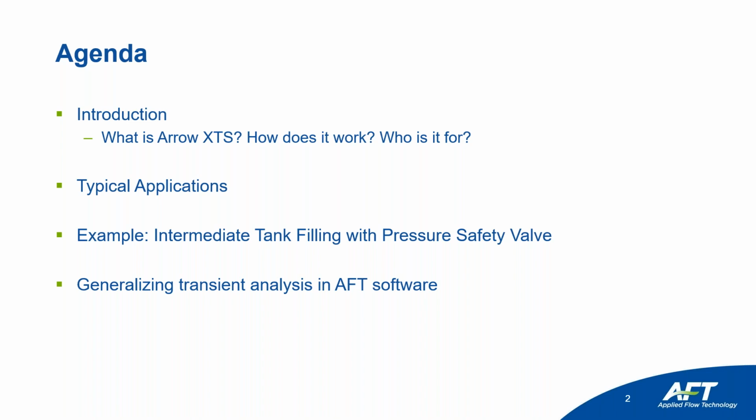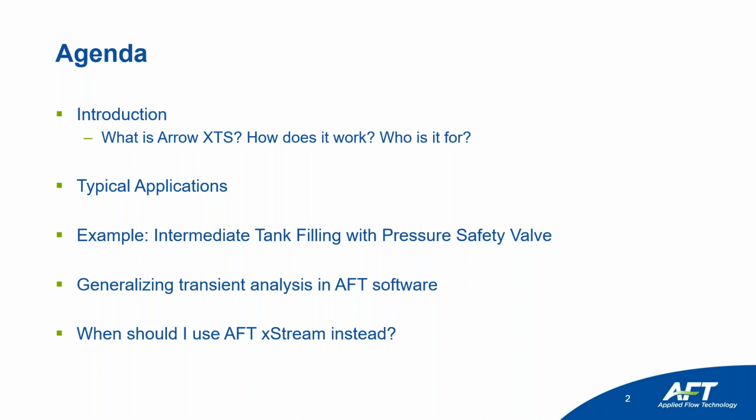As we generalize that transient analysis, as I mentioned, we also offer a product called AFT xStream, which does compressible gas and steam system transient analysis for much more rapid transients. So if you have a relief valve opening and you want to see the sudden drop in pressure at that point permeate through your system, or if you're rapidly starting up a compressor and you see a quick change in speed, those things are going to be relegated to AFT xStream, where Arrow XTS is good for a lot of other applications, just not those really rapid transients.